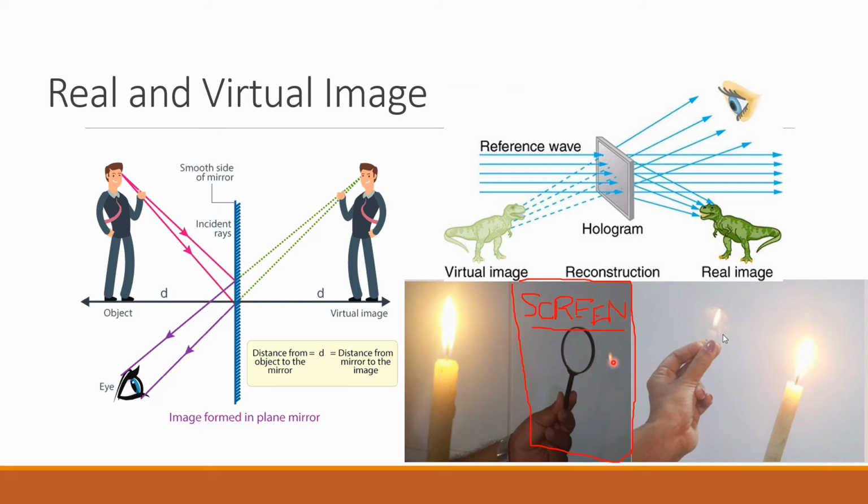Real image. And why is the image being projected on the screen? Because the rays actually intersect. What happens at the screen? Suppose some source is here, the light comes from here, it gets reflected and it gets projected on a screen. Fine, this is your screen.